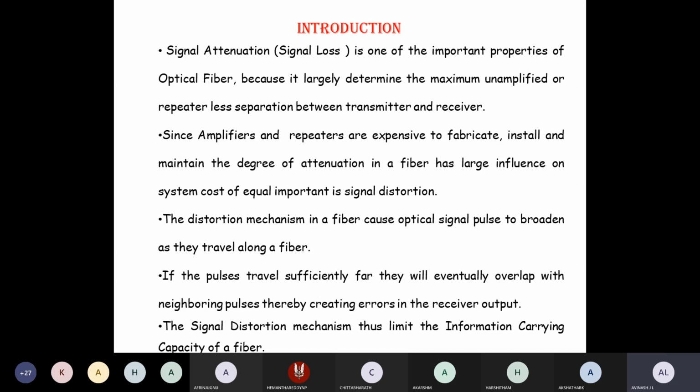So once we understand this particular concept, next concept we are going to discuss is the distortion mechanism in a fiber. It causes the optical signal pulse to be broadened. So now what do you mean by dispersion? That means one particular single ray is traveling in the fiber. So suddenly that particular single ray is going to get distorted, in the sense it is going to be broadened.